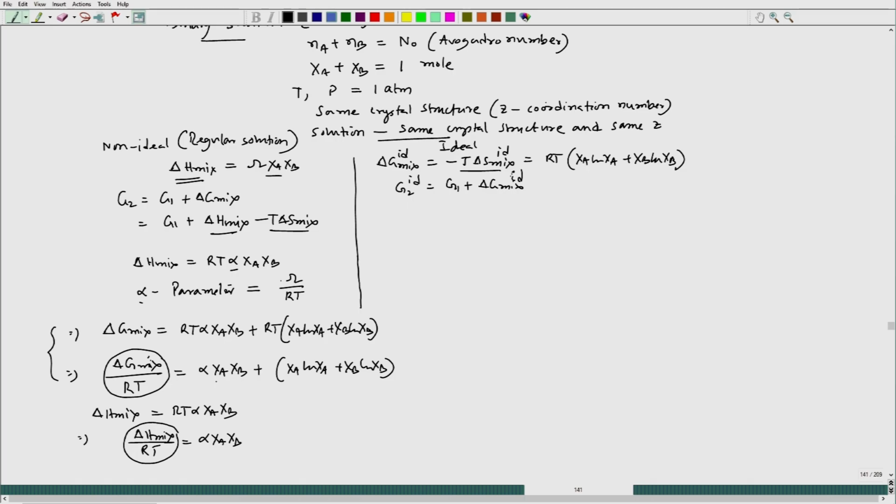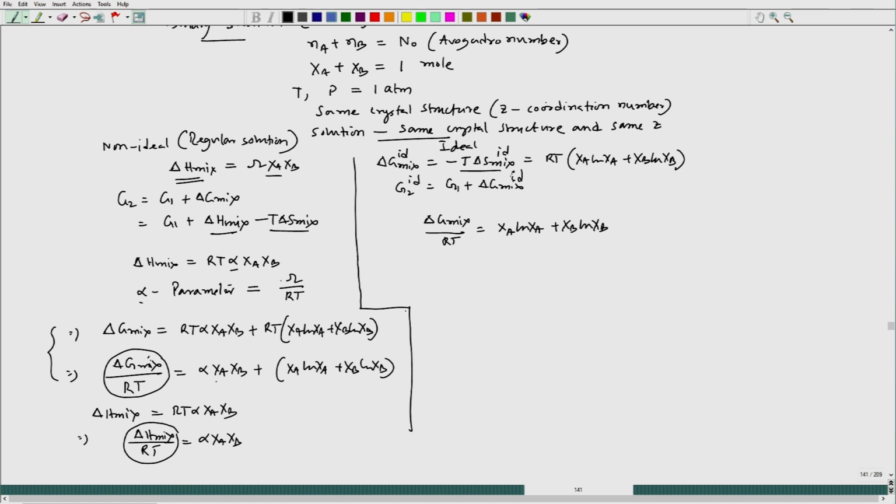So that is what we are bringing in with this alpha. Here also I can write delta G mix by R T equal to x_A ln x_A plus x_B ln x_B. We will try to see how that plot varies.